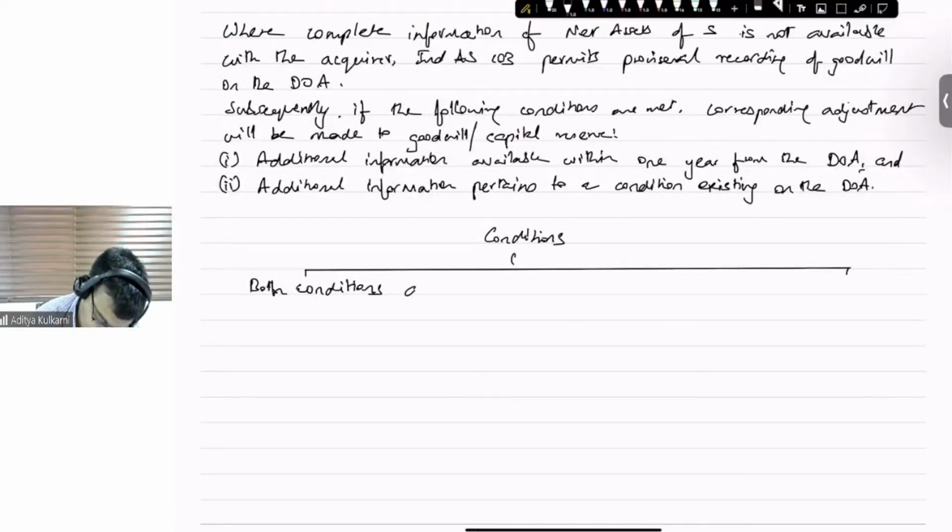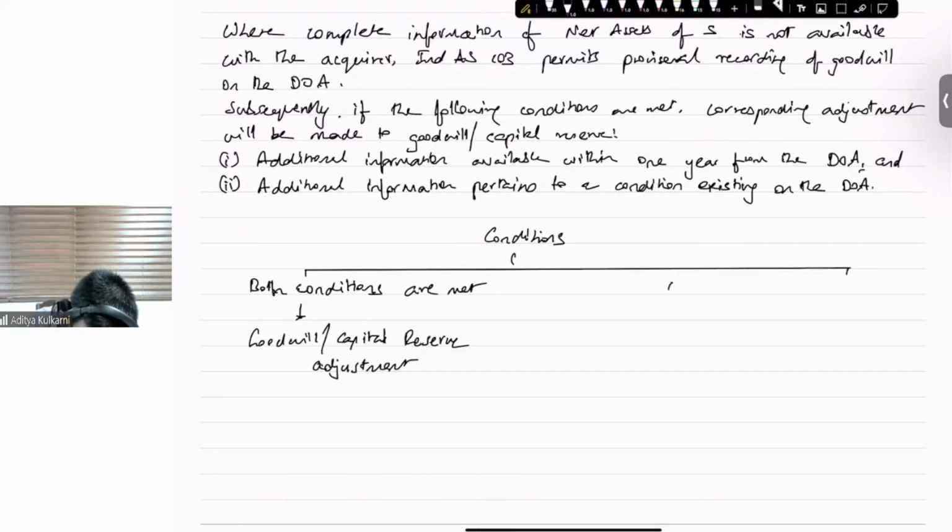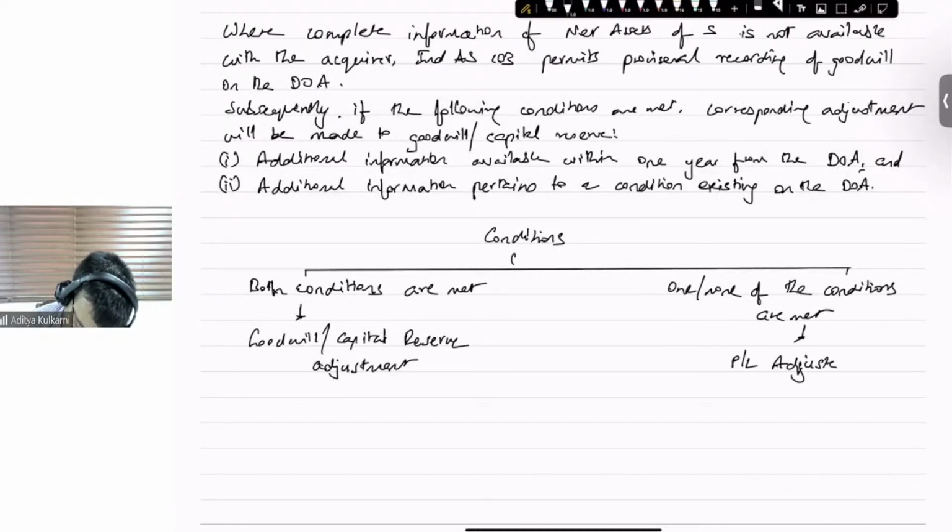Both conditions are met: goodwill or capital reserve adjusted. One or none of the conditions met: P&L adjusted.